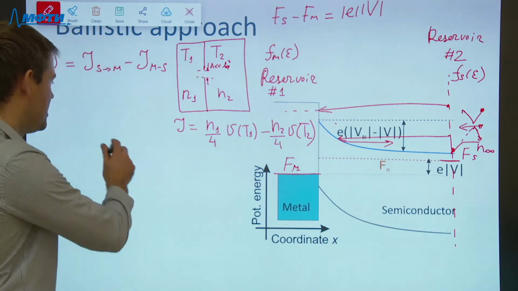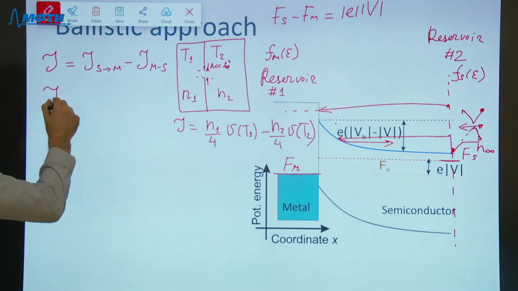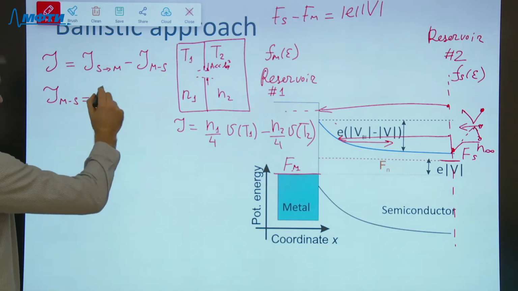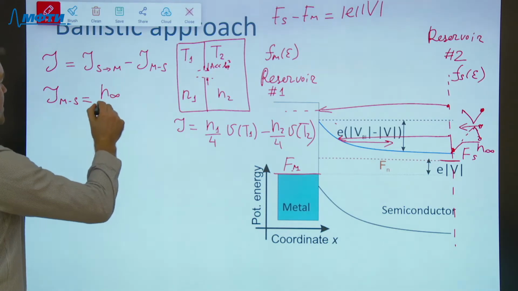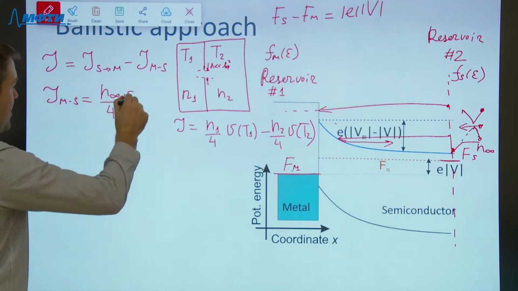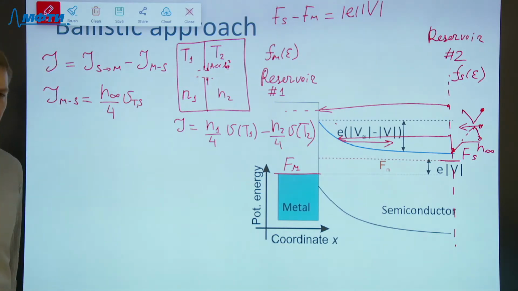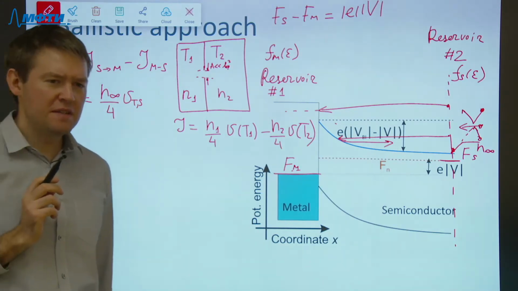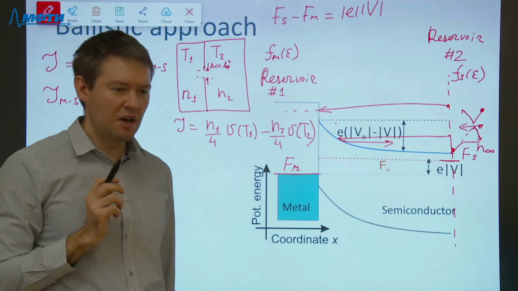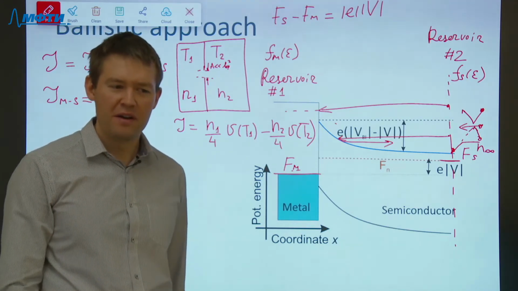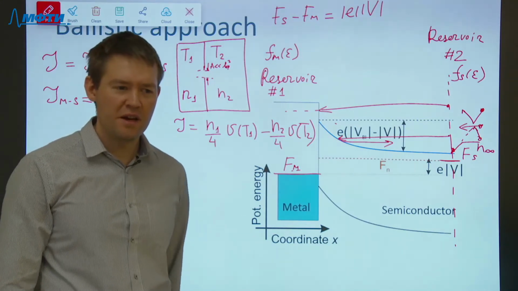We could speculate that the current from semiconductor to metal would be equal to N infinity divided by 4 multiplied by thermal velocity in semiconductor. Probably you can imagine a simple way to introduce a correction for the finite height of the energy barrier. Any idea, please?